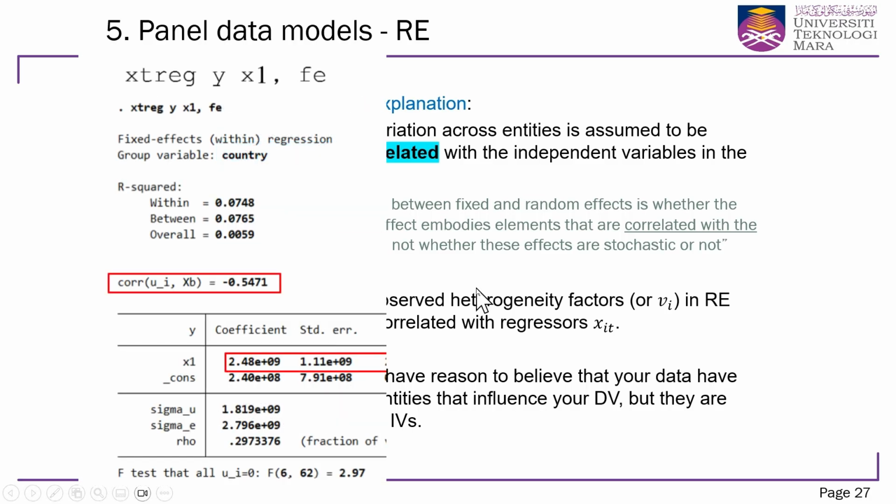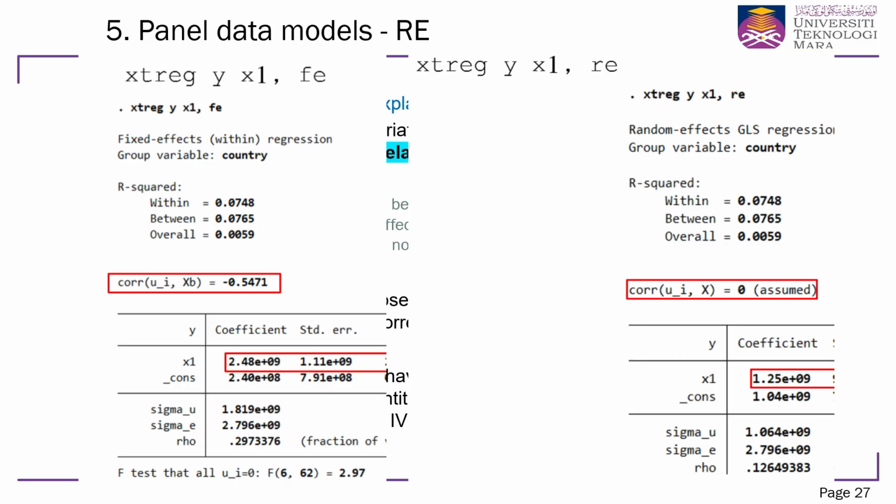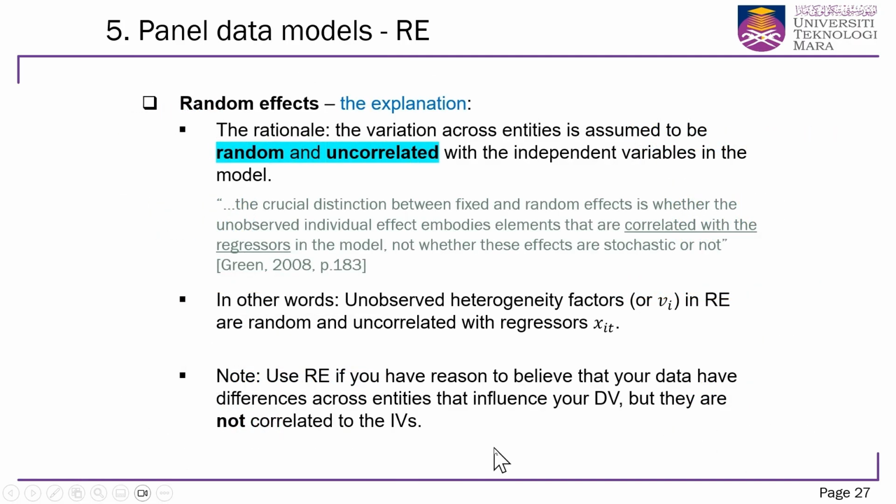Remember, just now we looked at the correlation between ui and x. So there were some values of correlation in the fixed effect estimation result, and for the random effect estimation result, it is assumed to be 0. Therefore, the key assumption in the random effect model is that the unobserved heterogeneity factor is present and it happens randomly and not specifically belonging to the entities or cross-sectional units in the data.